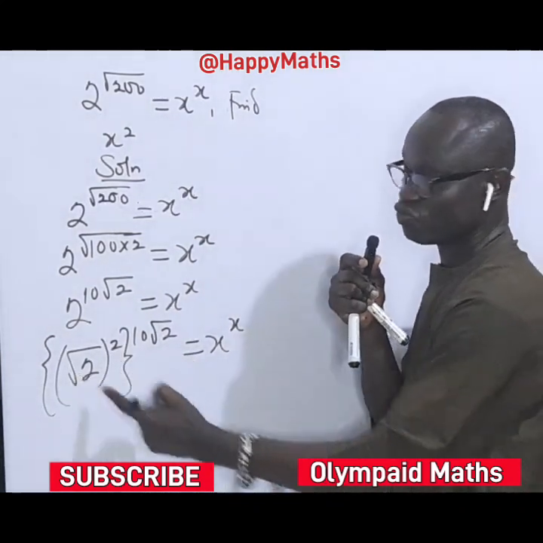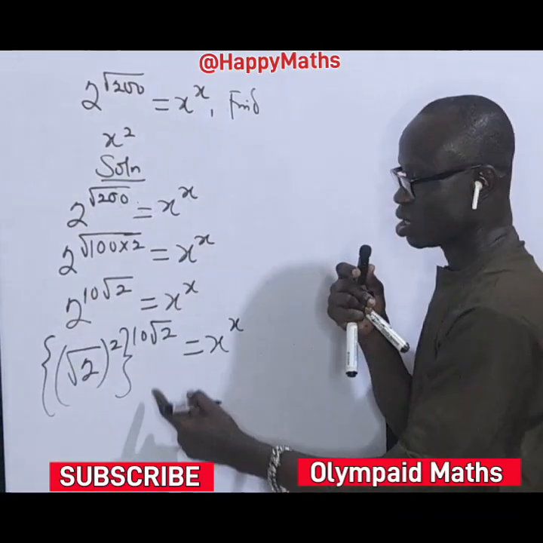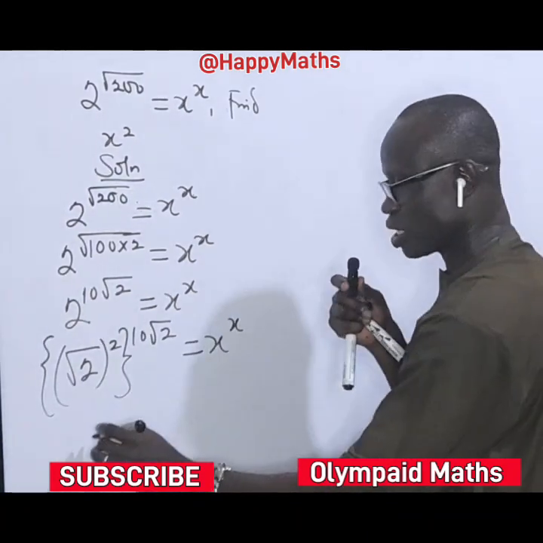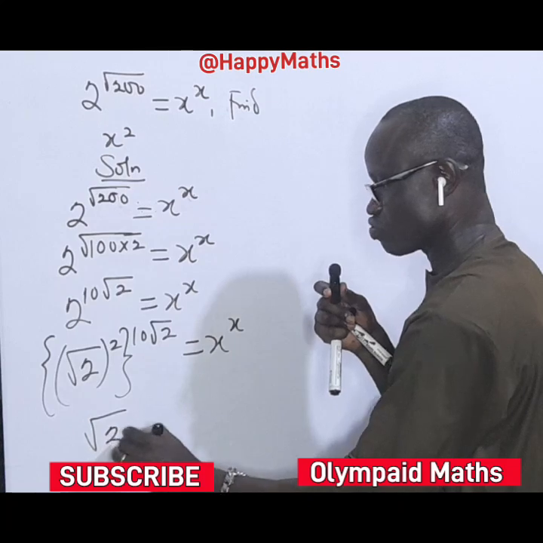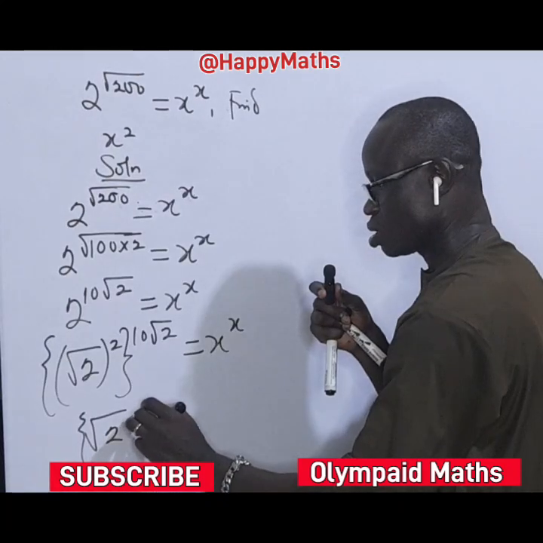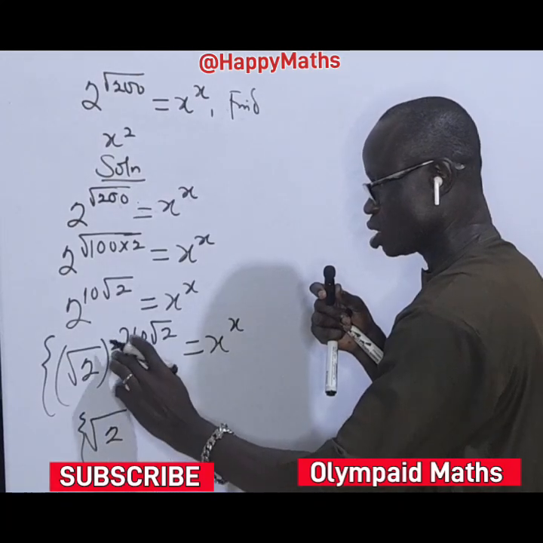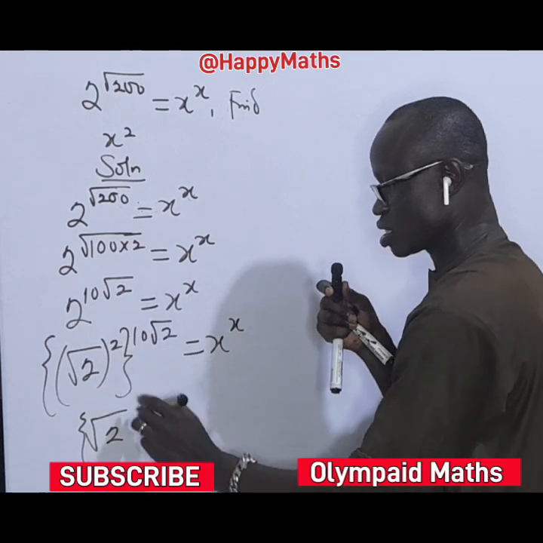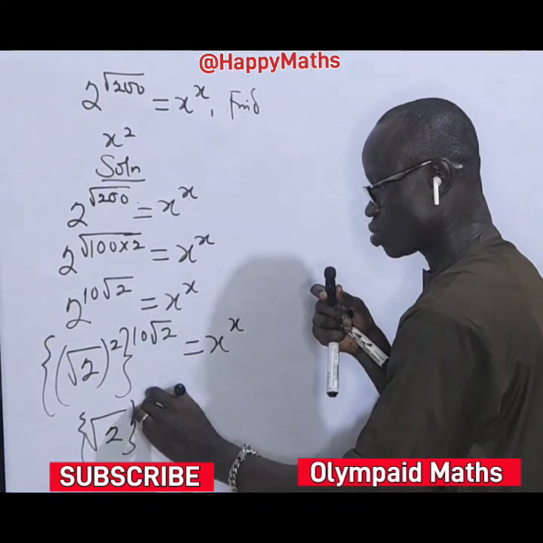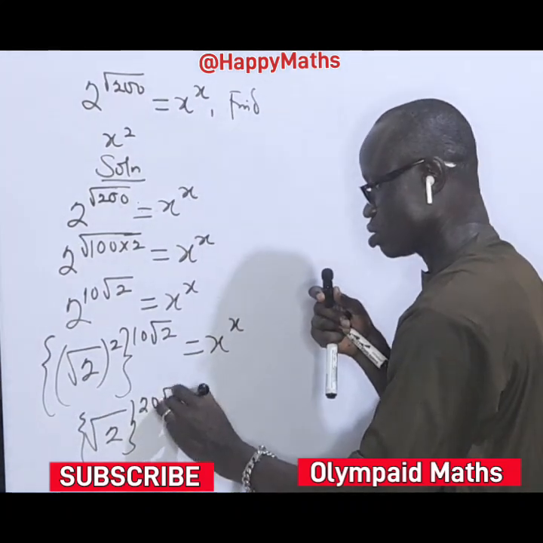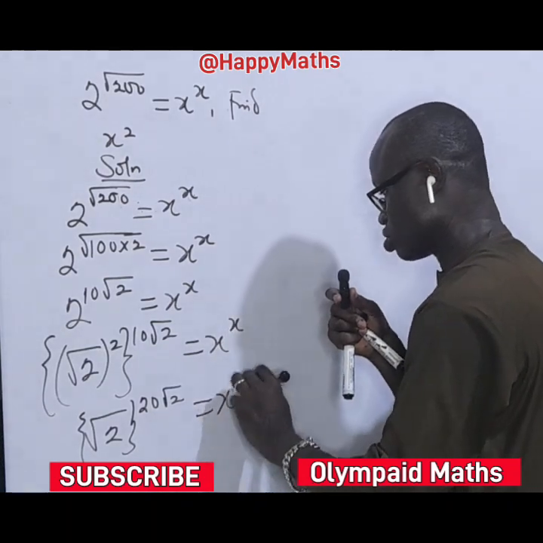This square removes the square root, so you get the 2 back. Now from here, what do we do? From the power law, we have root of 2, then 2 times 10 will give us 20 to the root of 2 equals s raised to the power of s.